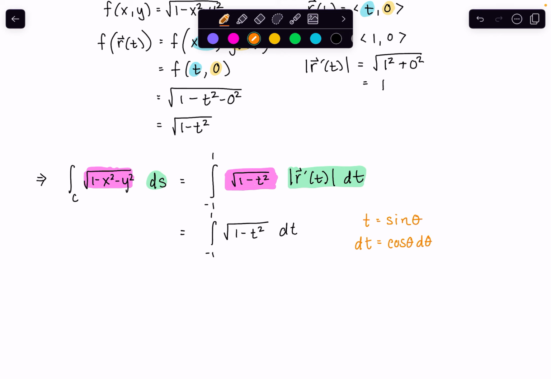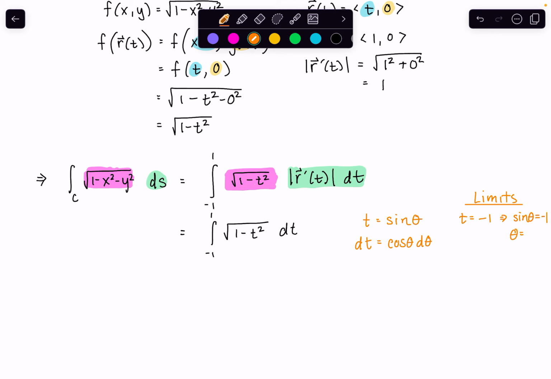I also in no way, shape, or form want to have to go back to t at the end. So I'm going to change over the limits immediately. We'll do the bottom limit first, t equals negative 1. This would mean that sine of theta has to equal negative 1.